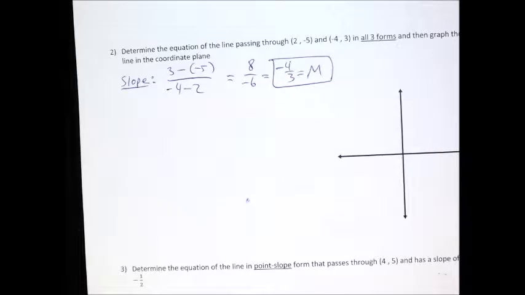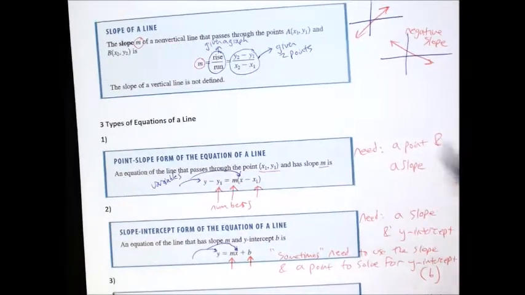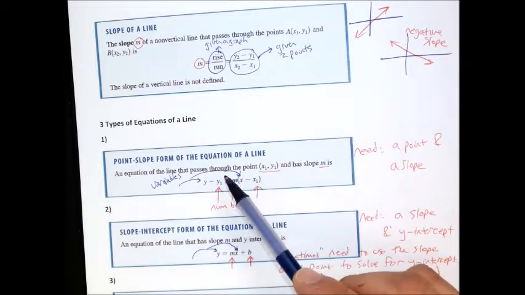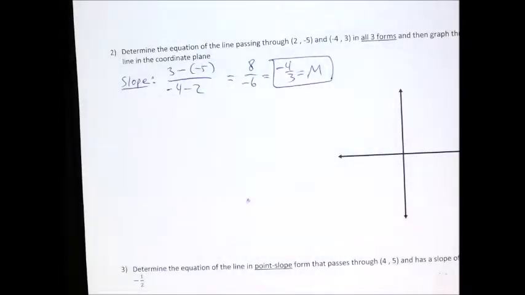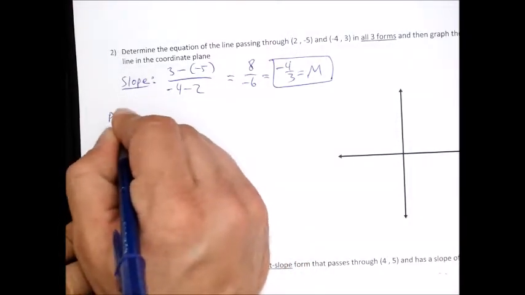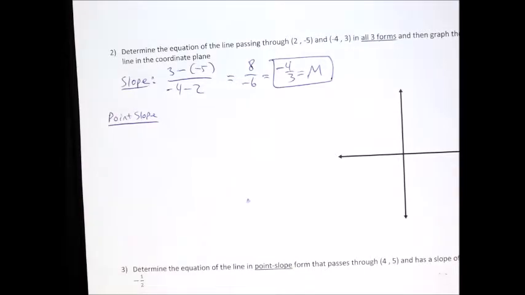And so now we just want to start writing the equation. For example, I'm going to start with point slope. For point slope, we need a point and a slope. We have both those things. So I'm going to use this equation, y minus y1 equals m times x minus x1. You have two options. Let me do point slope. Switch colors here.